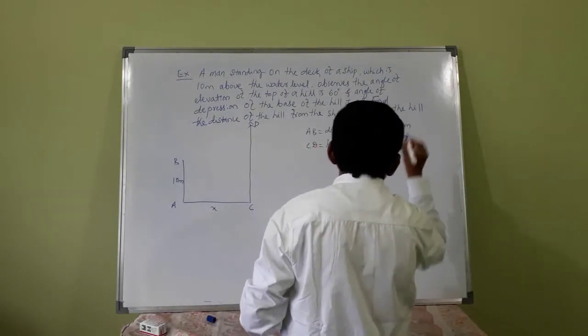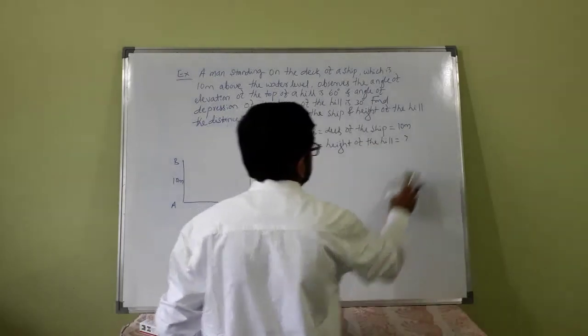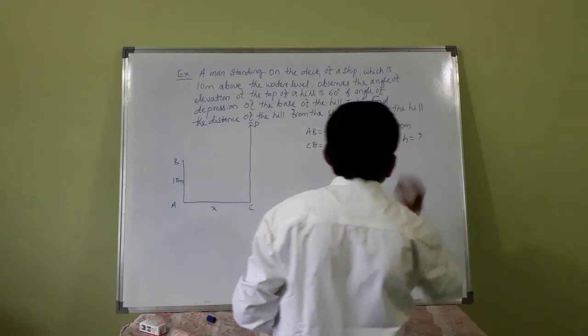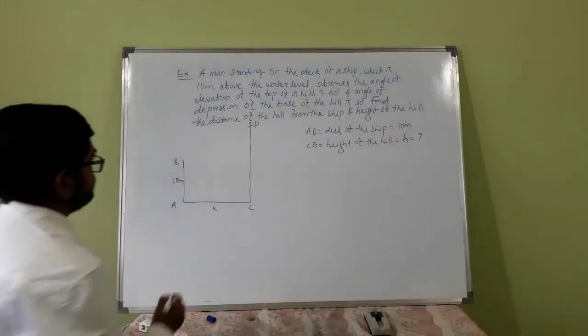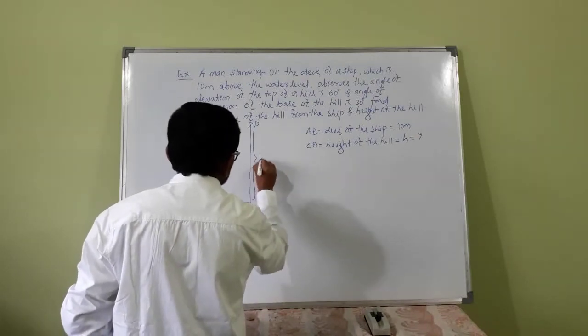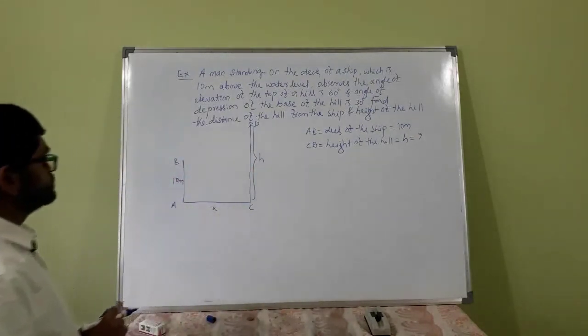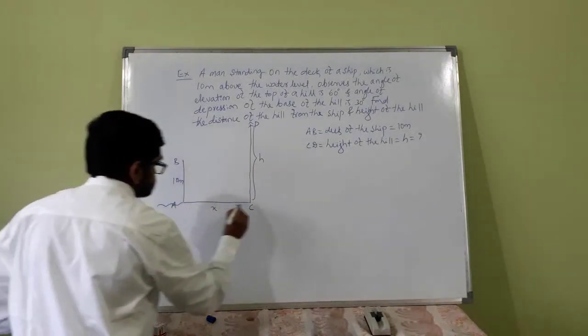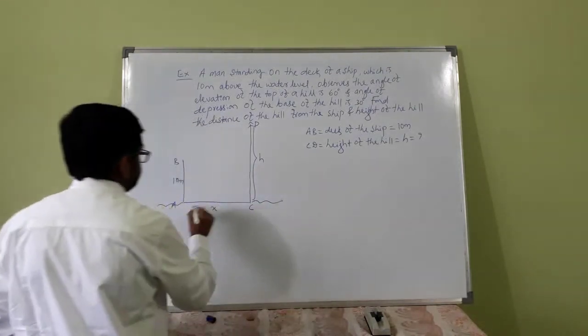This is what you have to find. Let us call it H. Suppose this length is H. This is what you have to find. This much information is here. The deck is above the sea level.